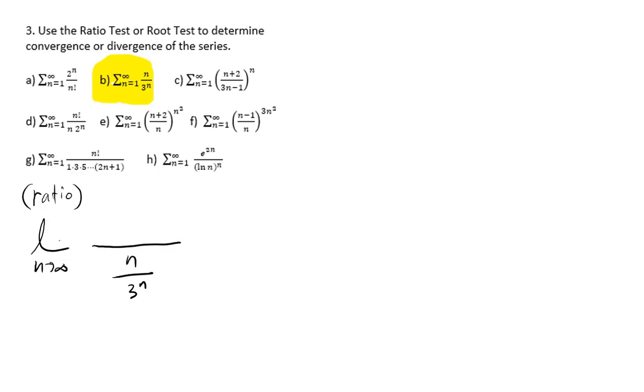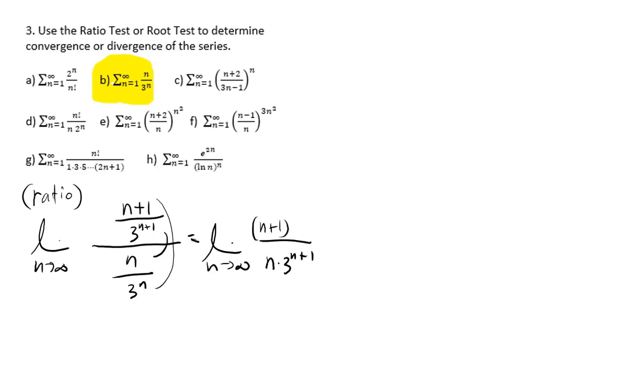And on top, you just basically copy this, except that whenever you see an n, you replace it by n plus 1. So 3 to the n plus 1. And then we simplify. That's limit n going to infinity of these two multiply to get n times 3 to the n plus 1 in the bottom. And these two multiply to get n plus 1 times 3 to the n.